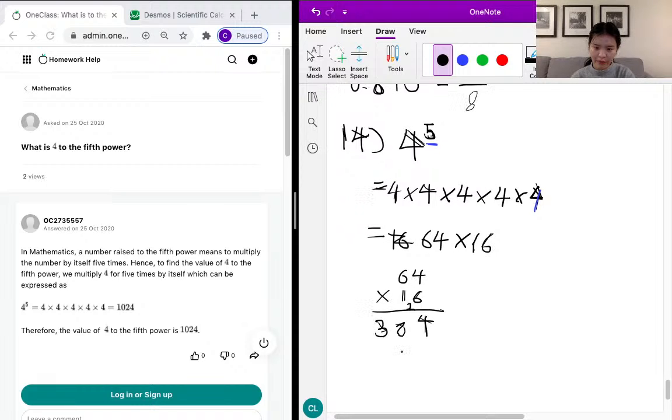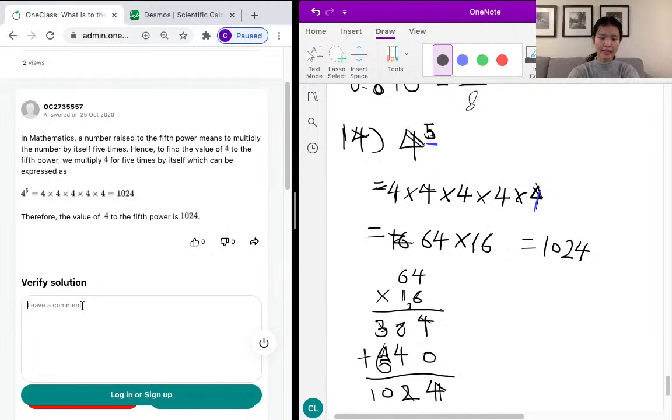And 1 times 4 is 4. 1 times 6 is 6. 384 plus 640 is equal to 1024. So 4 to the power of 5 is equal to 1024. Perfect.